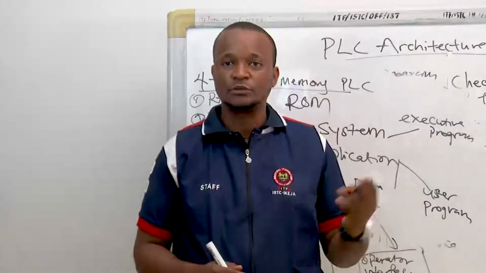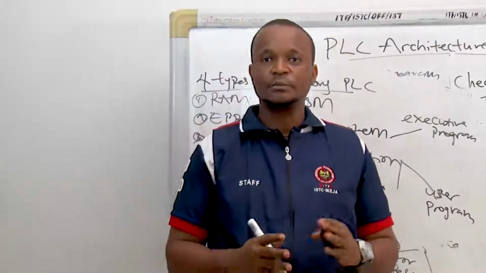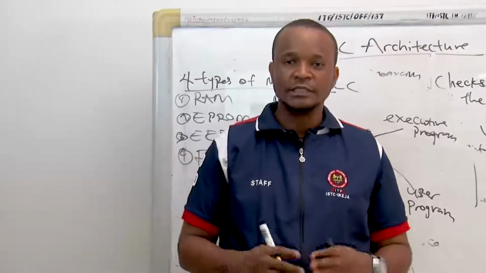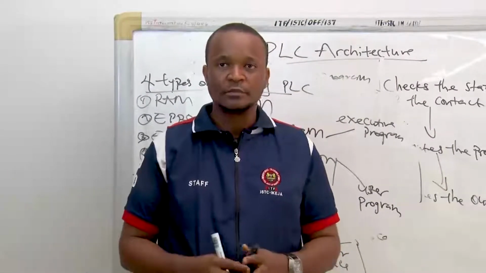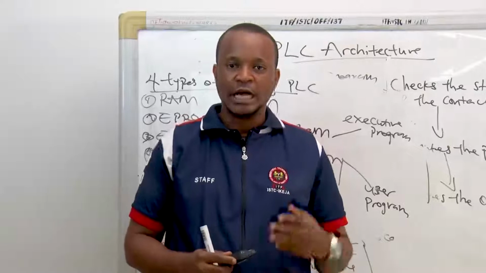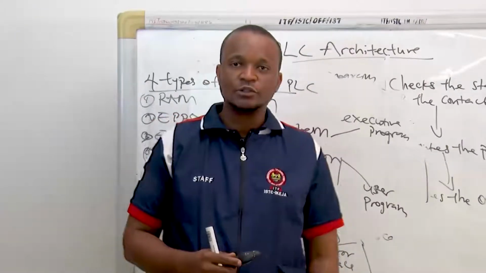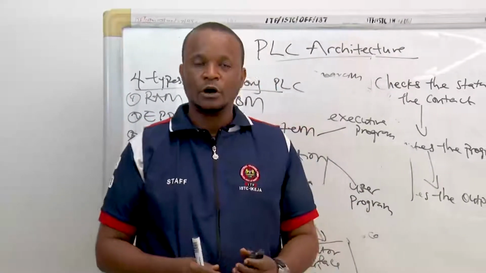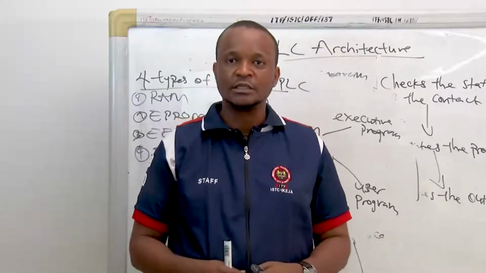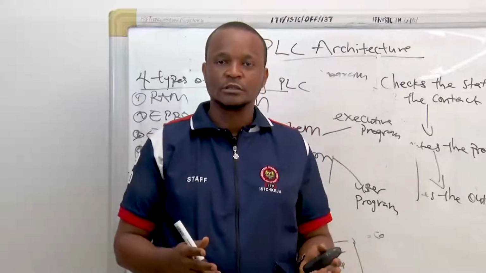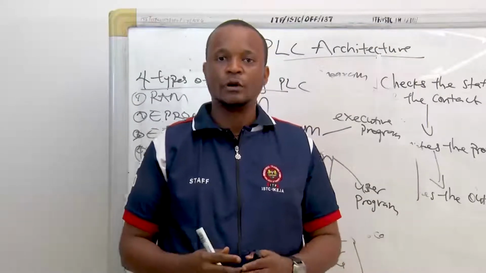The application memory is divided into two, like I just said. The data table basically stores any data associated with the user control program, such as the system input and output status, and any stored constants, variables, or preset values, which can be manipulated, stored, and changed for any control purpose.